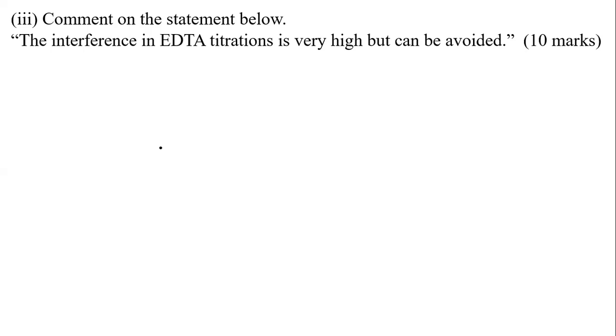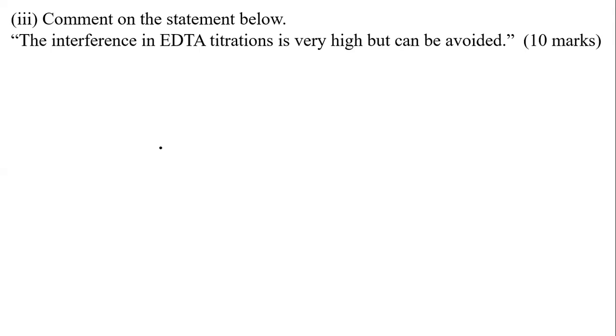So in this case, both the two parts are there. Can you see there are two parts? They are talking about the interference, and it's very high, but can be avoided. Those two sections have to be touched in your description.